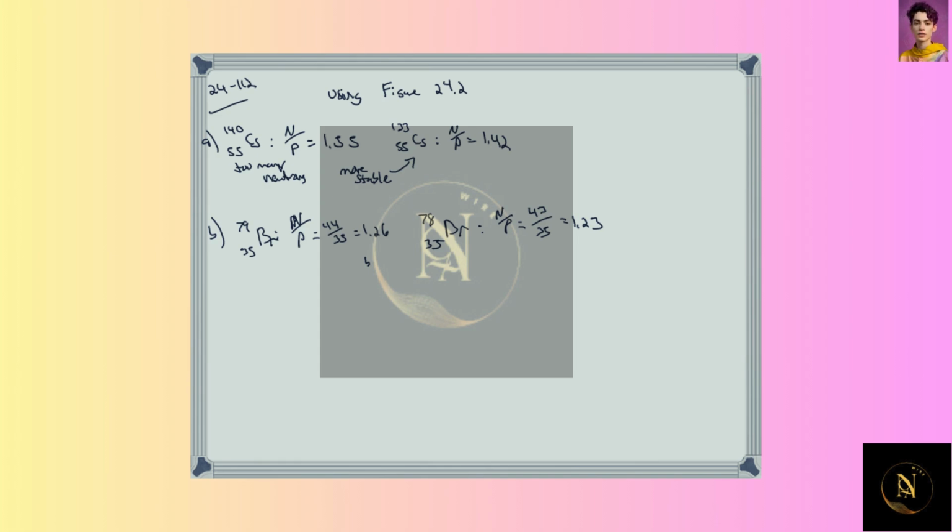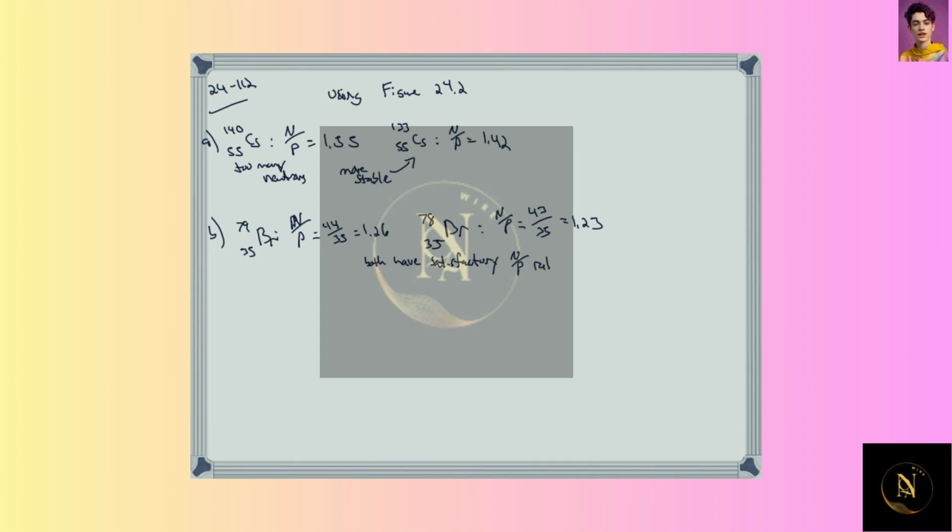So in order to figure out which one is more stable, we simply need to look at other things, such as even number of protons, even number of neutrons, and whether or not there are any magic numbers present. There are no magic numbers present in either one of these.